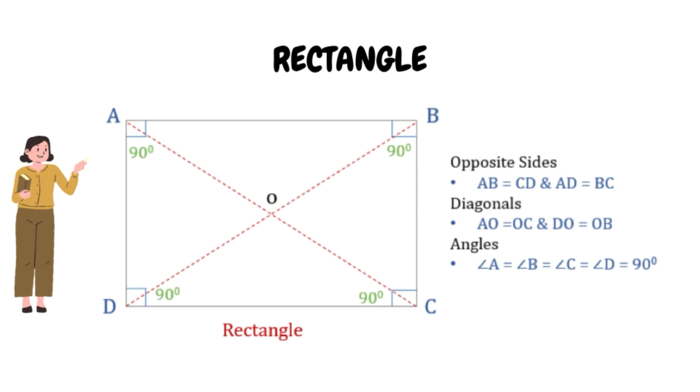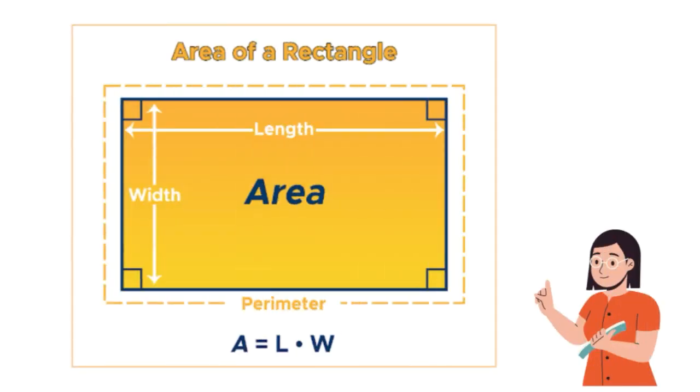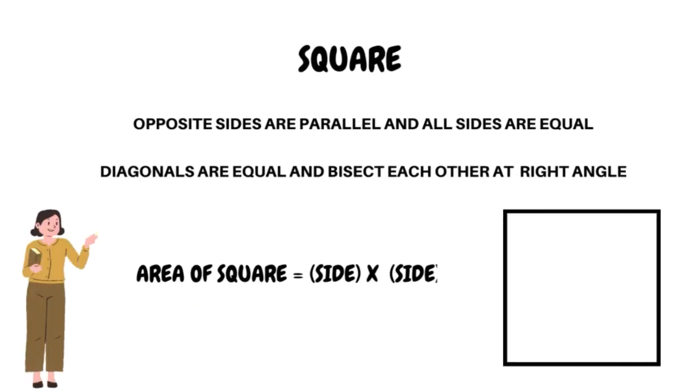So angle A is equal to angle B is equal to angle C is equal to angle D is equal to 90 degrees. Now we need to calculate the area of a rectangle. A rectangle having length L and width W will have area as length into breadth, so L into W. Now moving on to the next figure.